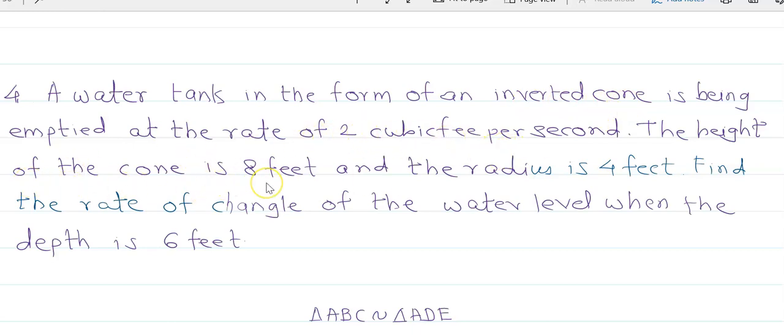The height of the cone is 8 feet and the radius is 4 feet. Find the rate of change of the water level when the depth is 6 feet.